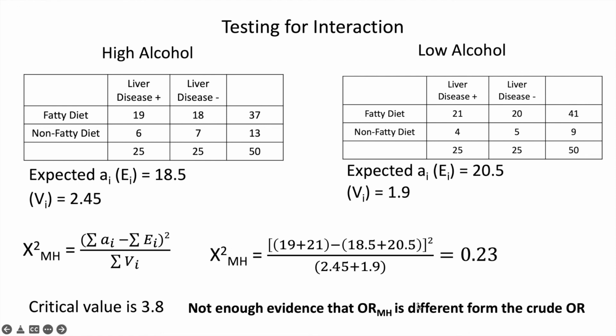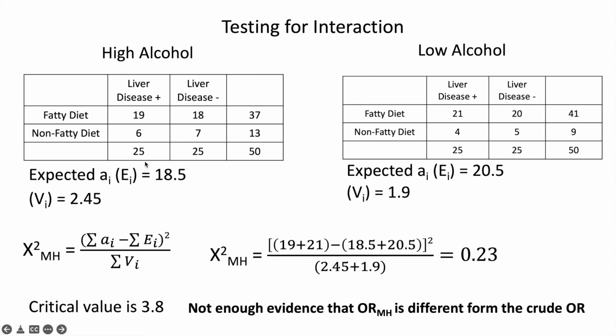In reality, the Mantel-Haenszel odds ratio is probably different enough from the crude to consider confounding, but part of why that probably happened was that the sample size was so low. The effect wasn't actually that different; with the Mantel-Haenszel odds ratio, I think it was like 1.2 something, and for the crude one it was 2.9 something, so it was not extremely different.